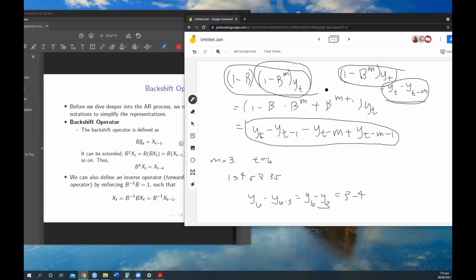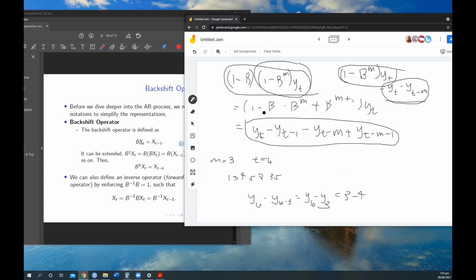So to interpret this, it's basically just conducting differencing based on seasonality muna, and then conducting first order differencing. Okay?